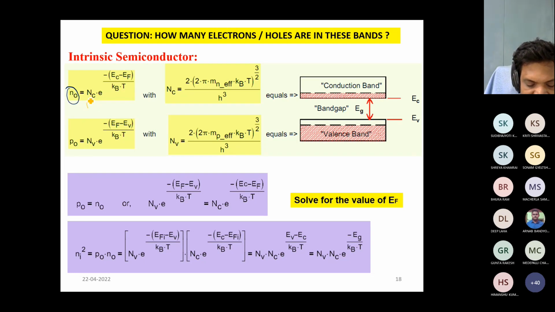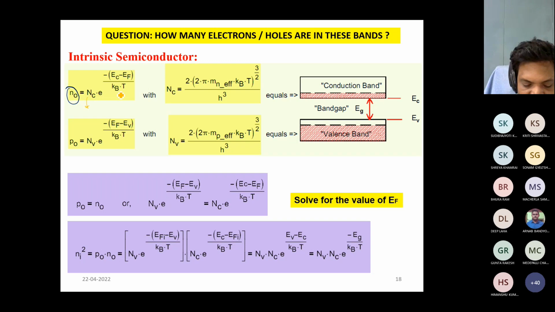NC is the number of allowable energy states per unit volume in the conduction band. If we multiply it with the probability distribution function, the number of allowable energy states multiplied with its probability of occupancy gives the number of electrons at that energy band per unit volume.